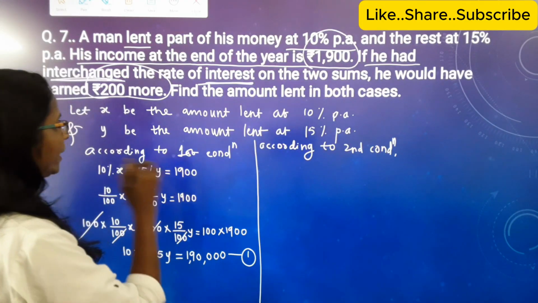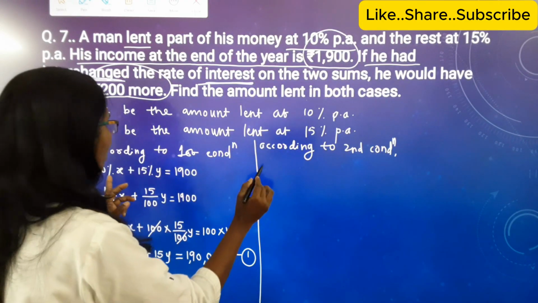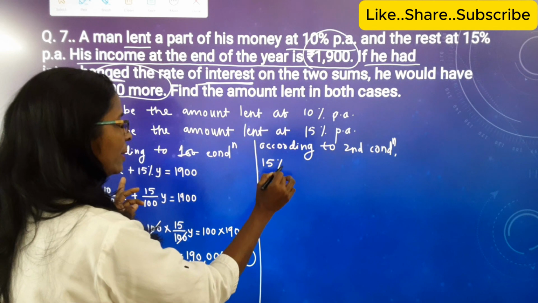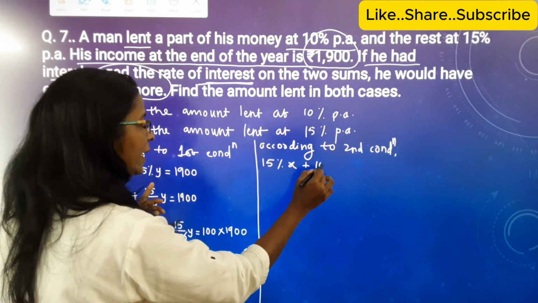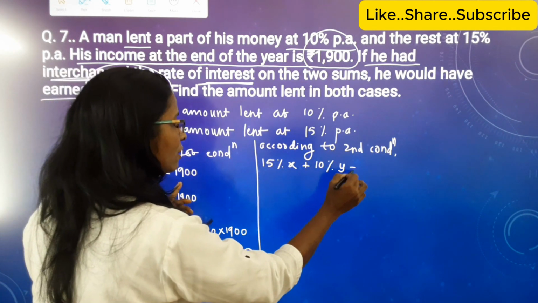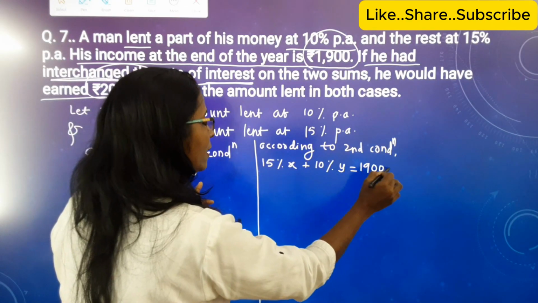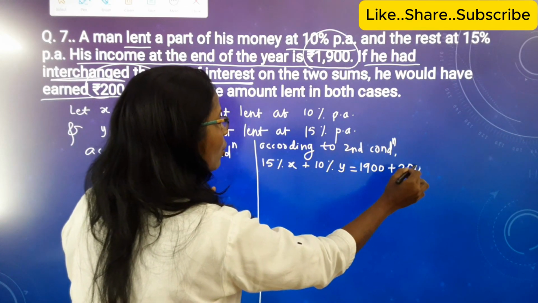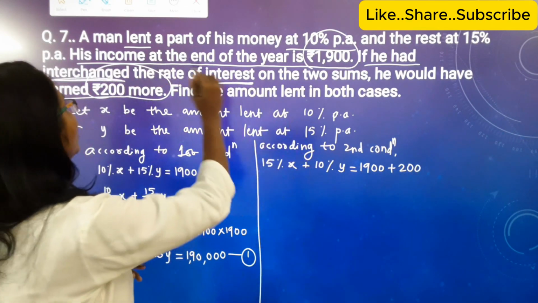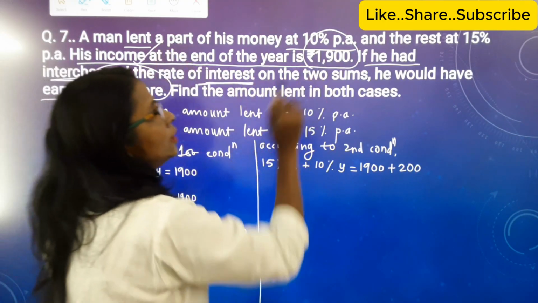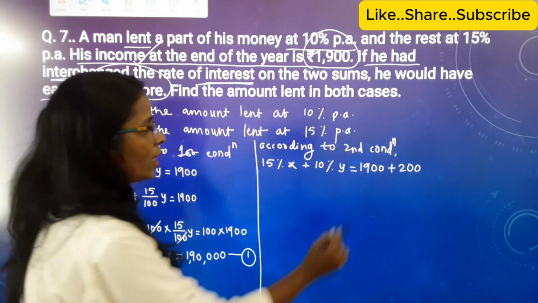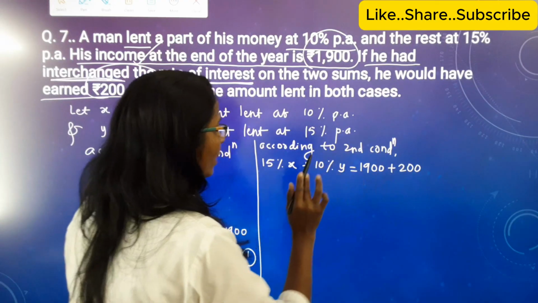Okay, so according to our second condition, 15% x plus 10% y is equal to 1900 plus 200, because the original income was 1900. Okay, so 1900 plus 200 more.